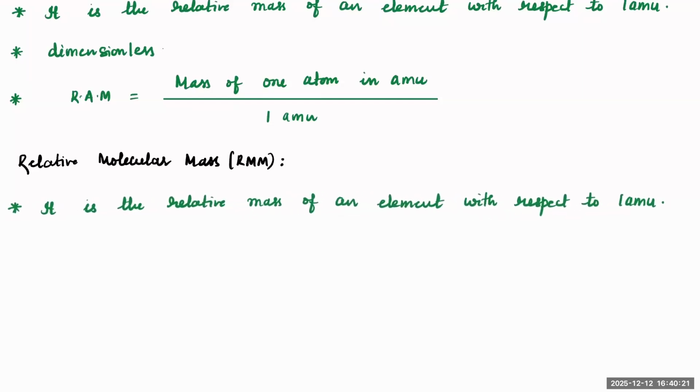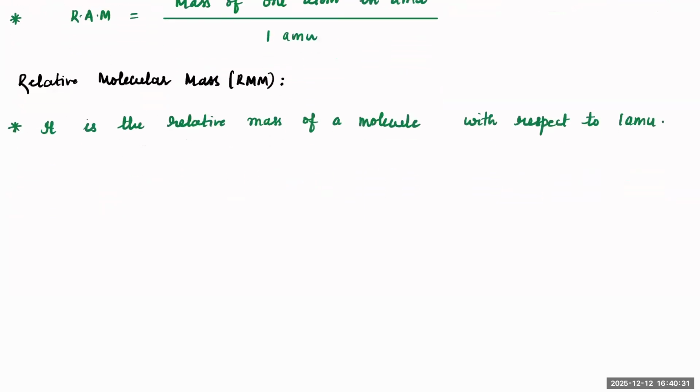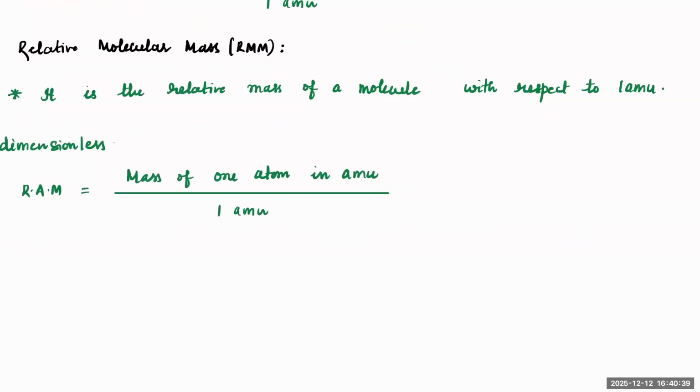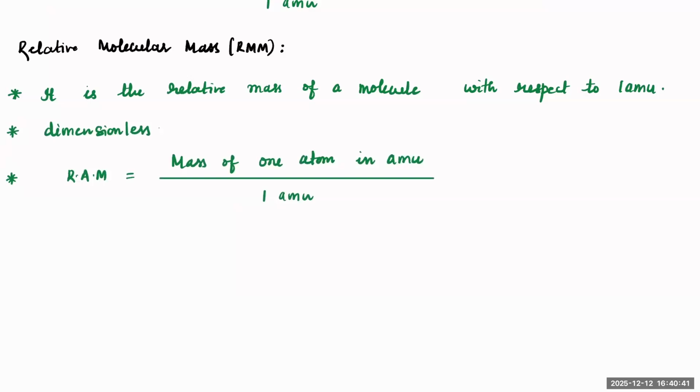So it is relative mass of a molecule with respect to 1 AMU. So these terms are all the same here. So it is mass of one molecule. That's the only difference.